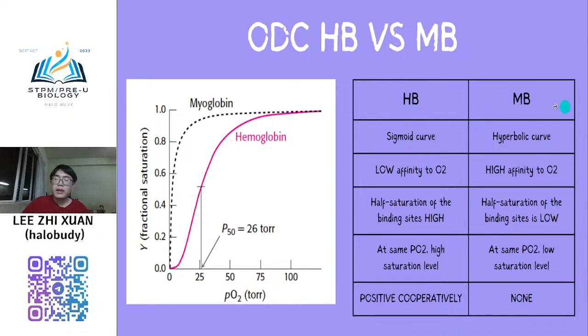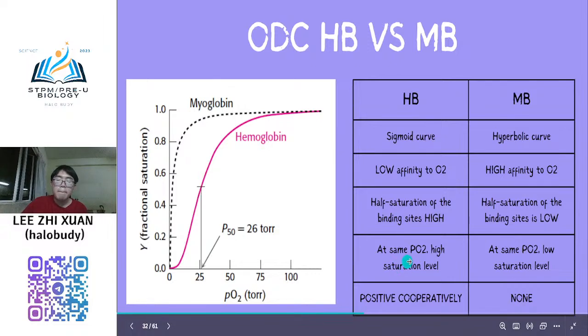Hemoglobin is sigmoid, and myoglobin is hyperbolic. Hemoglobin has low affinity to oxygen, and myoglobin has high affinity because it is on the left-hand side, so it very easily reaches the saturation point. And then the half saturation of the binding site is very high for hemoglobin, but very low for myoglobin. At the same partial pressure of oxygen, the saturation level of hemoglobin is low, while for myoglobin it is high.